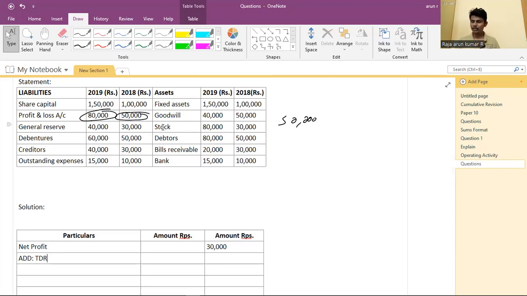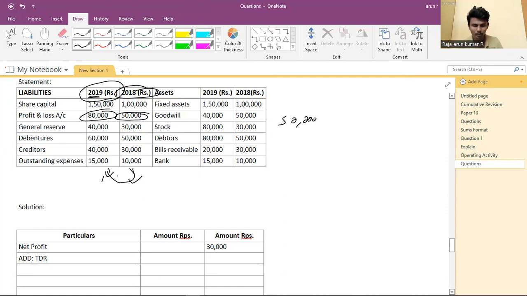Okay. In the sum, be careful with the opening and closing balance. Opening balance is not 2019. 2019 is the closing balance, and 2018 is the opening balance. You see the opening balance here and the closing balance here, and make the difference of these. If the 10,000 opening balance increases, it will become 15,000, and the difference you take like that.